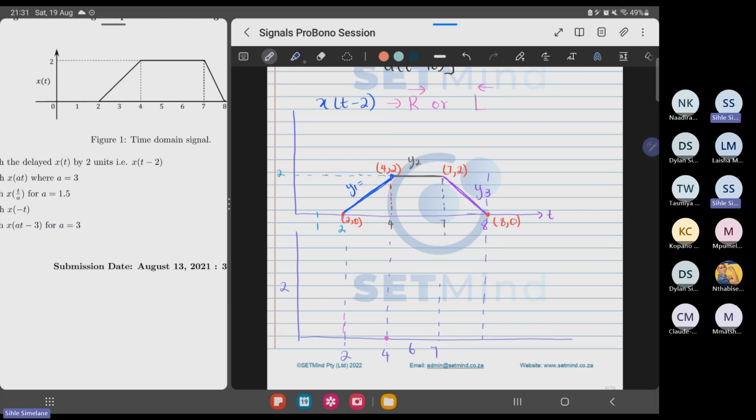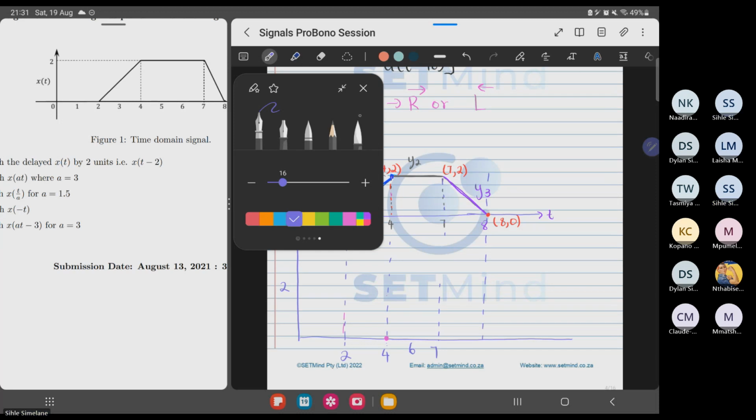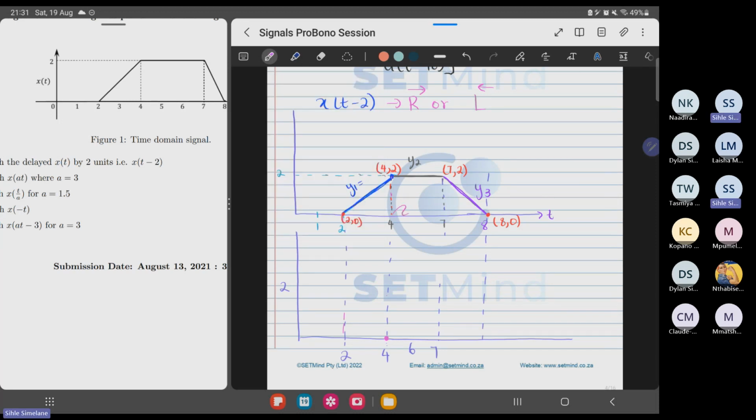So look at what is going to happen. So the point which was here at 4, that one should move 2 to the right. Meaning if you move it by 2 to the right, it should be at 6, which is somewhere there. This is not drawn according to scale. And there you go.